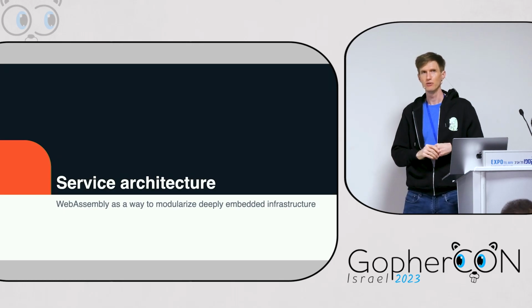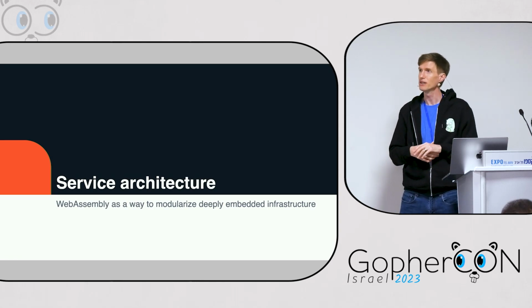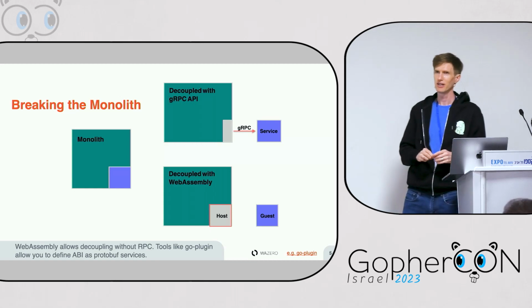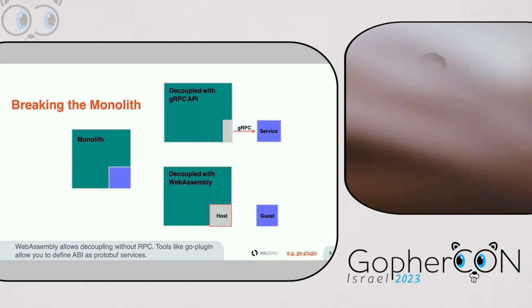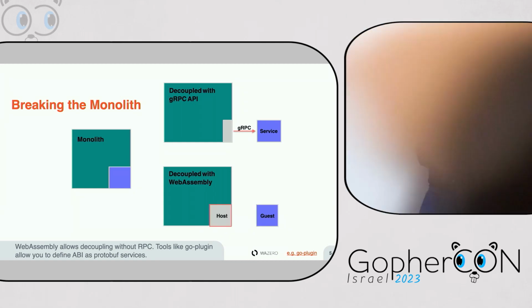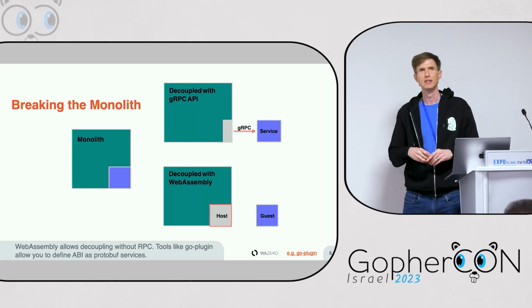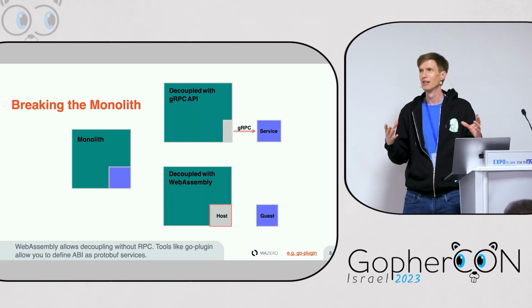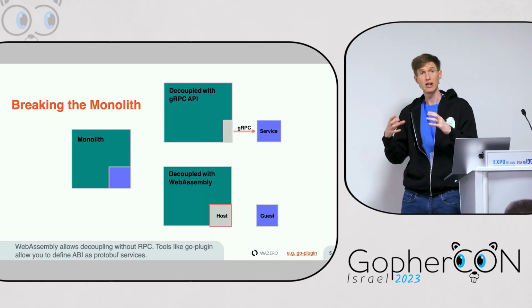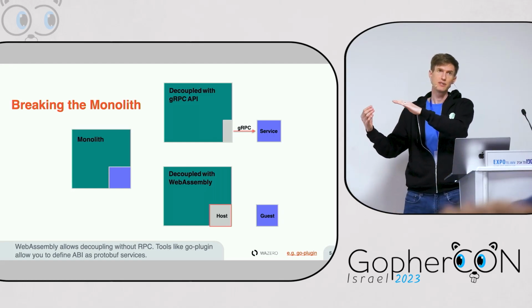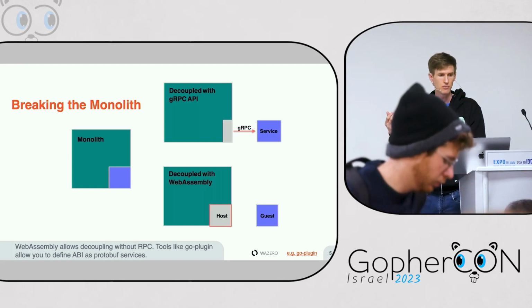One of the things that you will hear about WebAssembly is that it's an embedded technology, so it's not an RPC type of technology. And the only animated slide I'll ever have in my life, maybe, is this one, so watch it go. Basically, if we look at how we would normally do the breaking-the-monolith work for a big application, sometimes you take the code and break it out into another module, which is a dependency, or you break it out into a service, which is invoked via HTTP or gRPC or whatever.